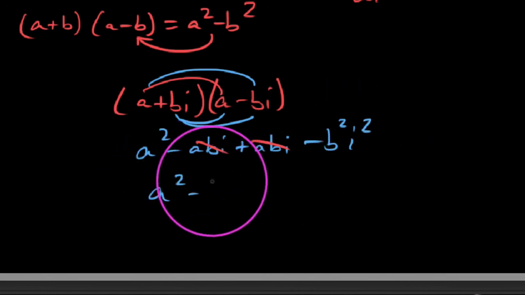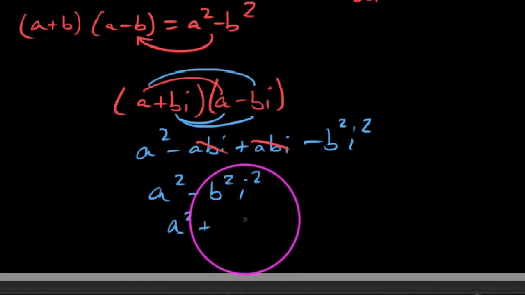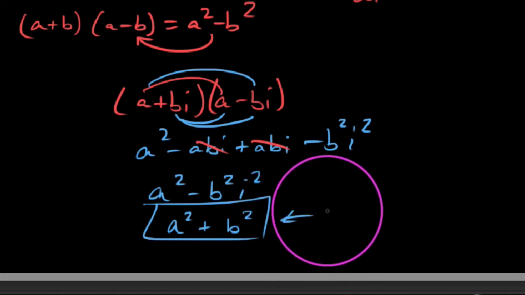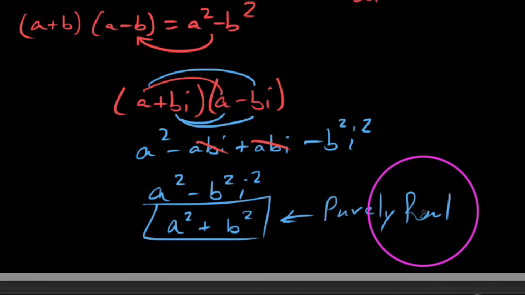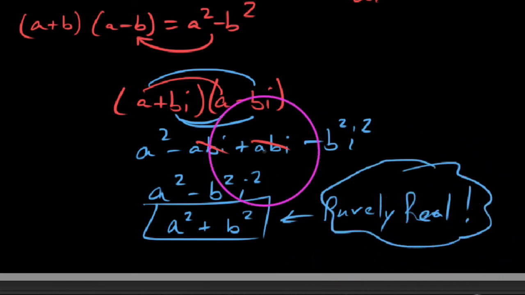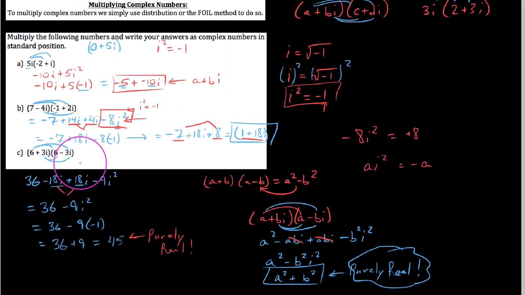And furthermore, we get a squared minus b squared i squared. Well, i squared is negative 1, so we end up with a squared plus b squared. And so the nice thing about this is it's always purely real. So one really profound consequence of multiplying complex conjugates is that you always get a purely real answer. Okay, cool.